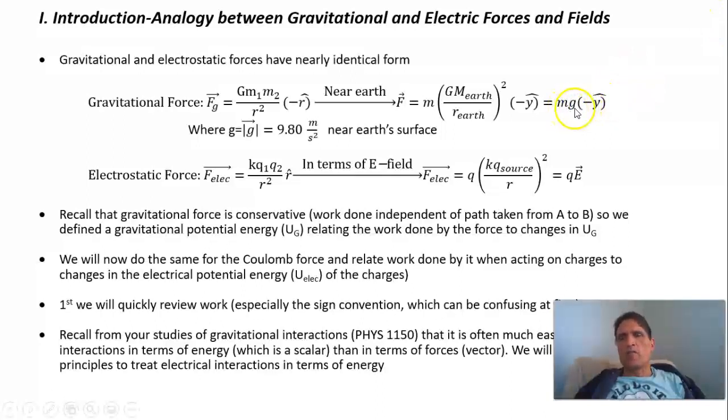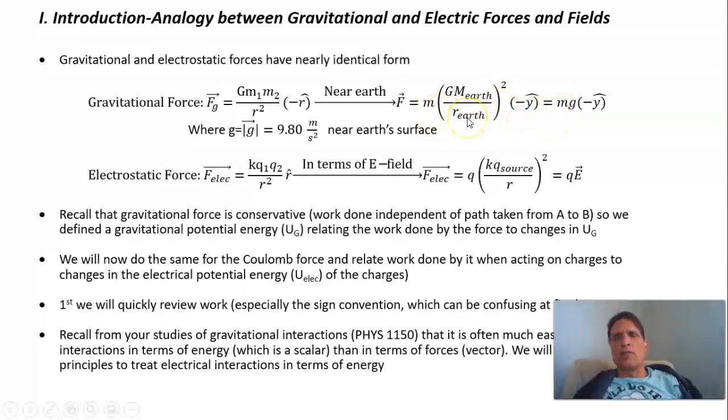And near the surface of the Earth, we can use the flat Earth approximation. Hopefully none of you believe that the Earth is flat, but we can approximate it as flat near the surface. And if we call y the vertical direction, we just describe the gravitational force as mg in the negative y direction, where g is all of this other stuff but the mass, lumped into a constant.